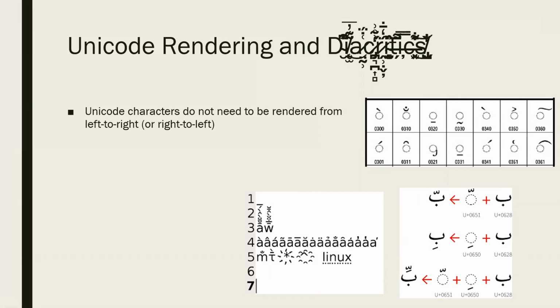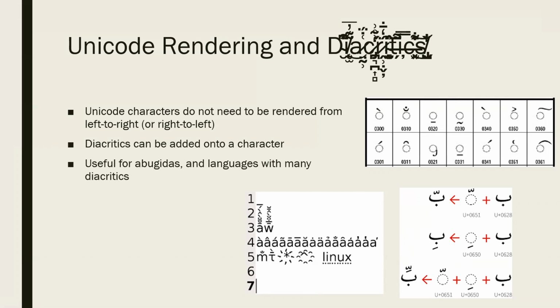Unicode characters don't need to be rendered from left to right or right to left for that matter, and diacritics can be added onto a character, as many as are desired. This is useful for abugidas and languages which have a large number of diacritics. We can see examples of matres lectionis used in Arabic as well here. So here we can see the usefulness of the Unicode rendering process.